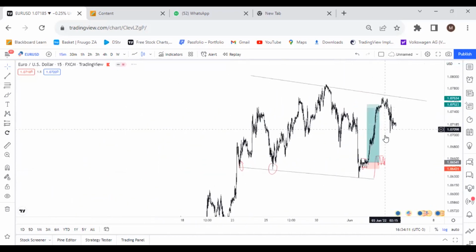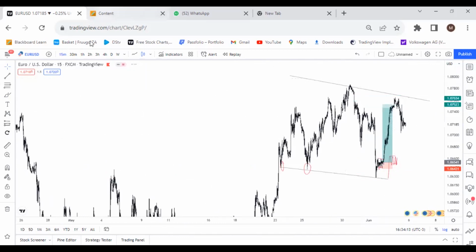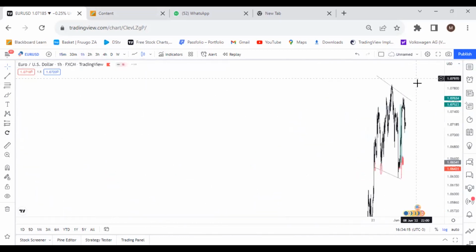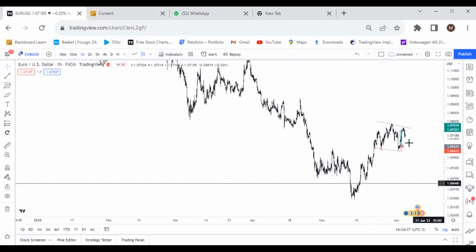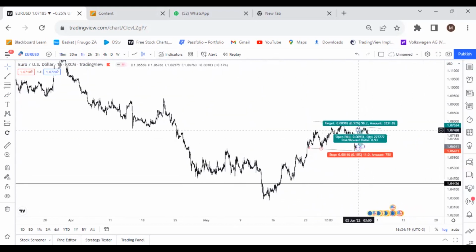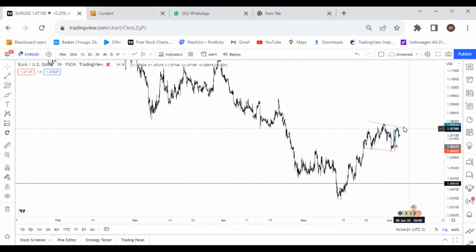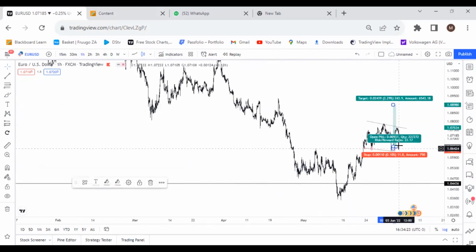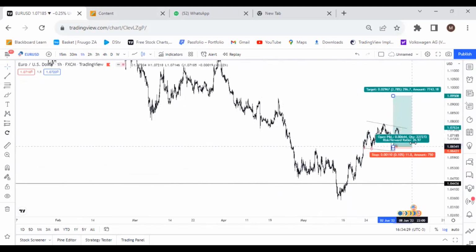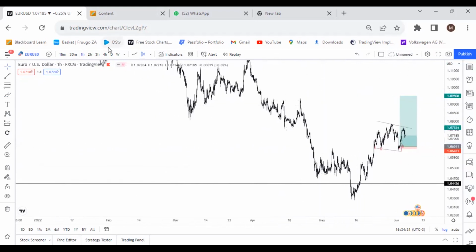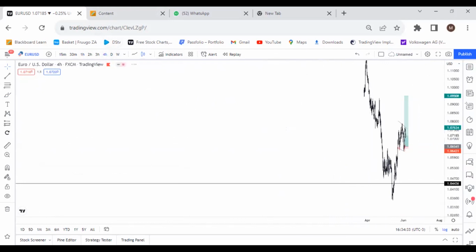So Euro USD at the moment is buying. It's probably going to break out of this correction and just continue buying at some point. That's the forecast with this one.